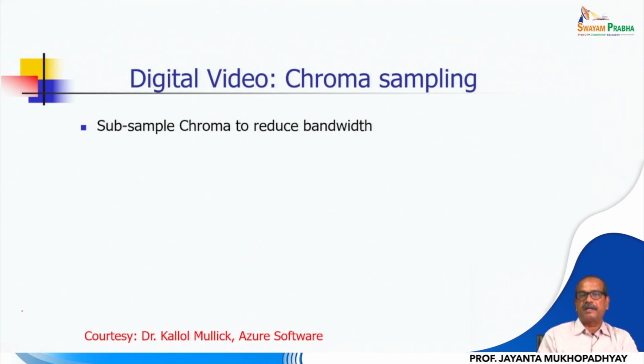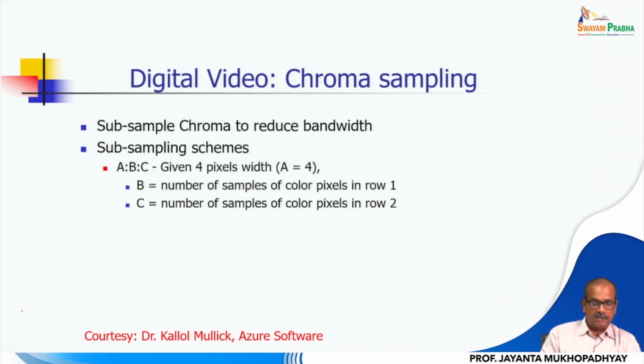For subsampling the chroma part, as we have seen for compression, particularly in JPEG compression, there are different subsampling schemes, because chromatic information requires less bandwidth. That is why you can subsample them. So subsampling schemes are described in this fashion.